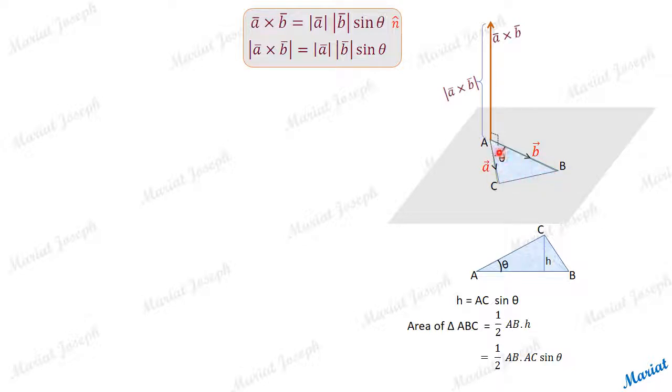As we have already derived a formula to find the area of a triangle, half into product of two sides into sine of the angle between them, the two sides are represented by vector A and vector B. So their lengths will be magnitude of A and magnitude of B. So area of this triangle is half into AB into AC into sin theta, where AB is nothing but magnitude of B vector, AC is nothing but magnitude of A vector.